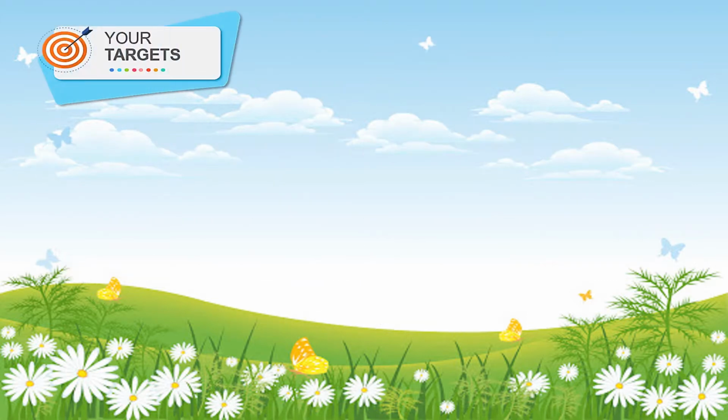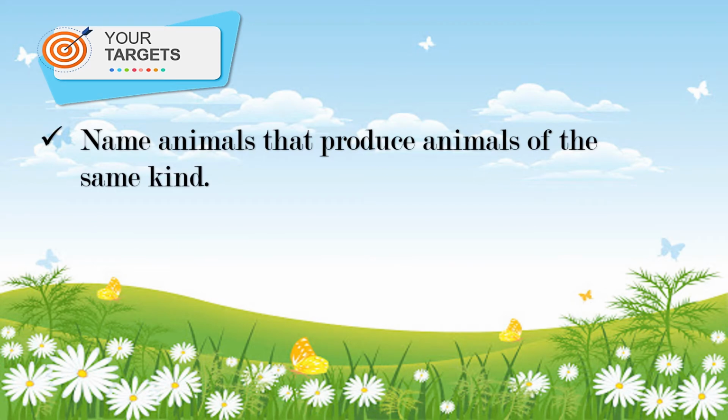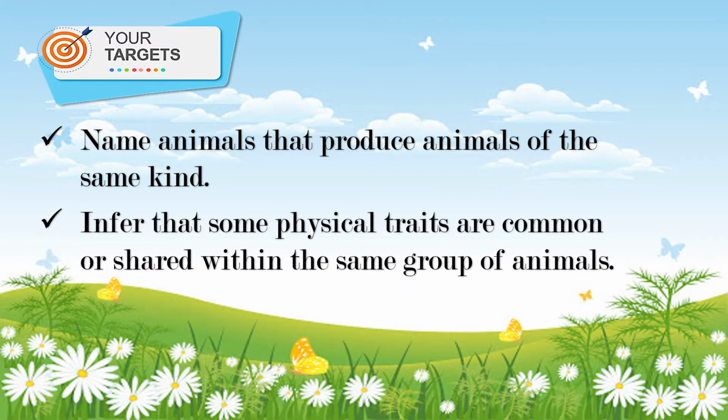The learning targets of this lesson are the following. First, name animals that produce animals of the same kind. Second, infer that some physical traits are common or shared within the same group of animals.